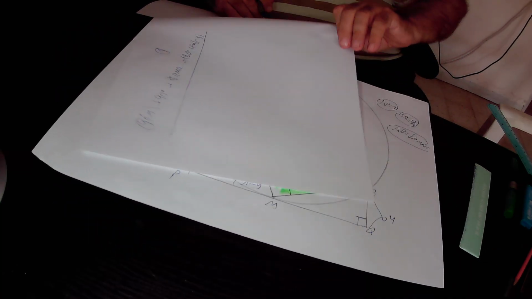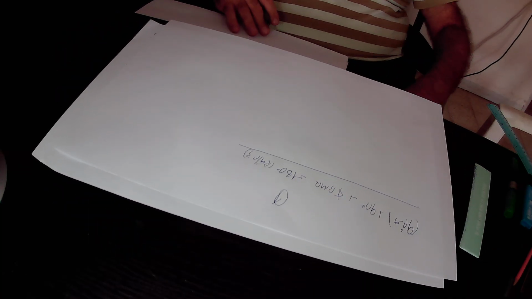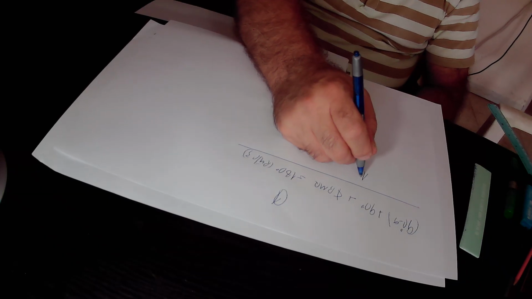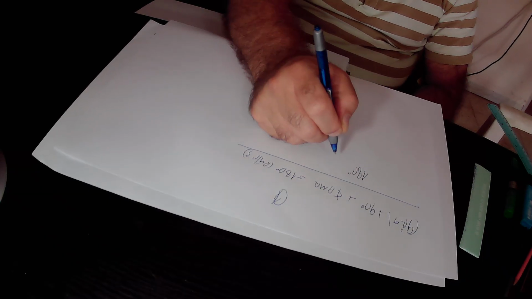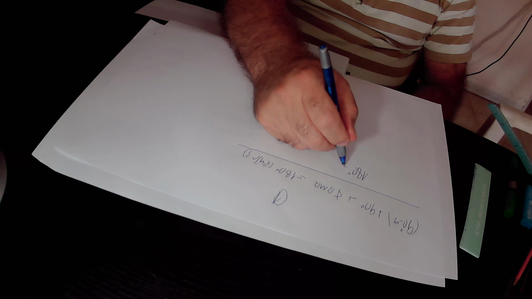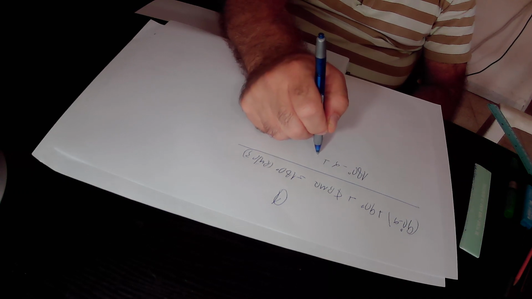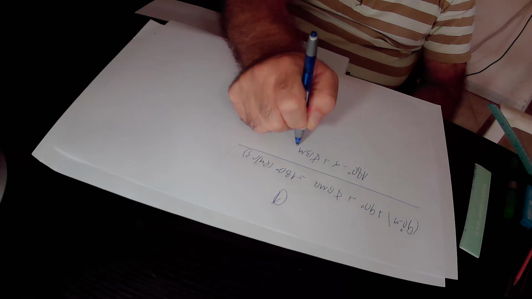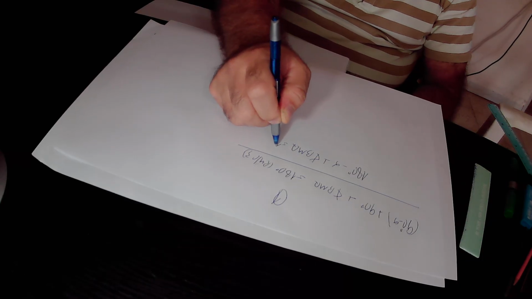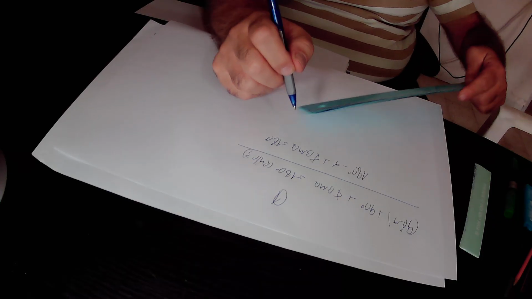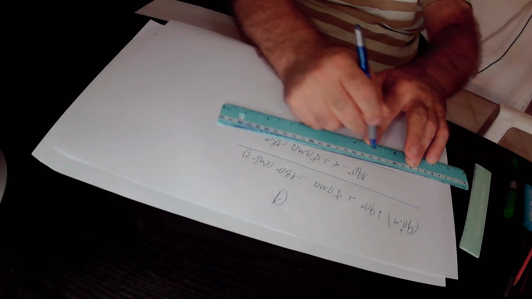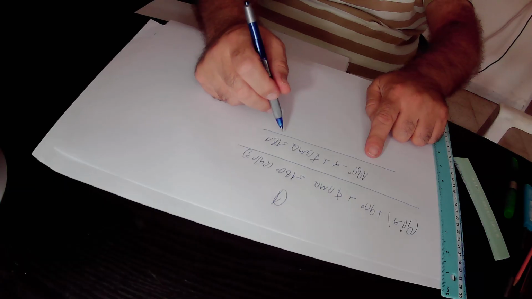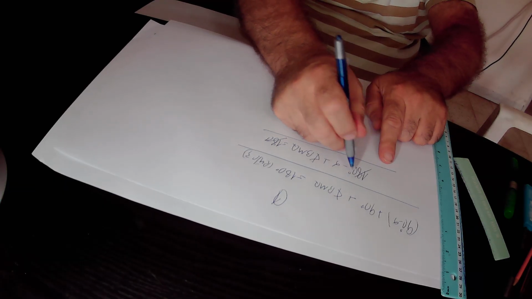So 90 degrees plus 90 degrees is 180 degrees. 180 degrees minus alpha plus the missing angle BMQ, in total, must be equal to 180 degrees according to rule 3. Here we have 180 degrees on both sides of the equation, so 180 degrees will get cancelled.